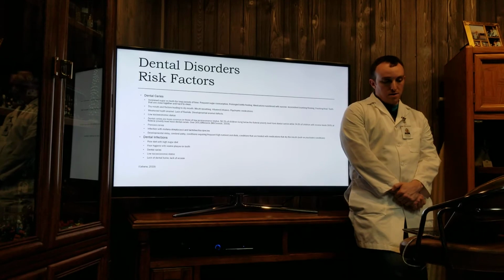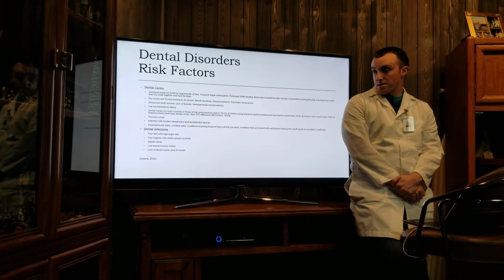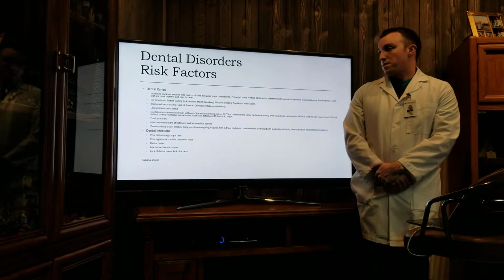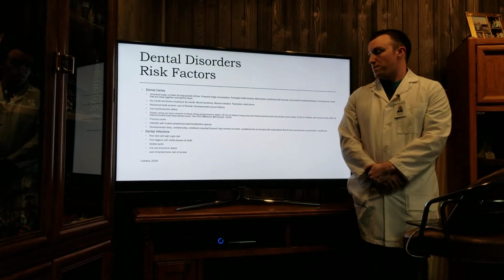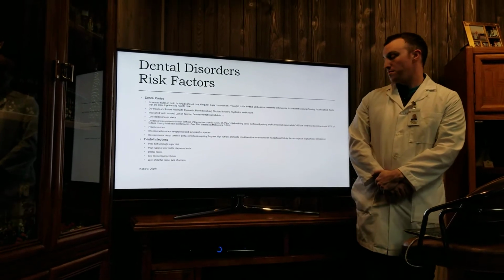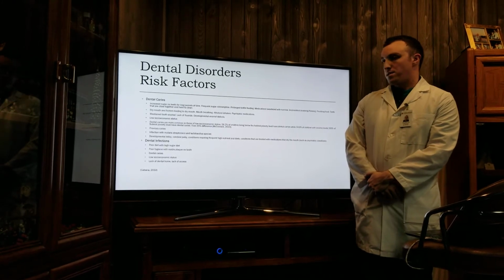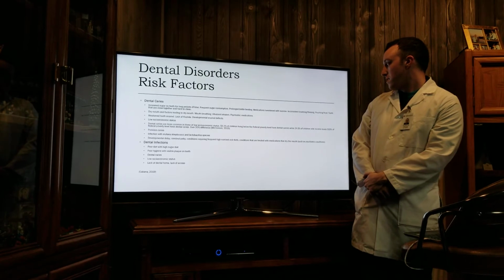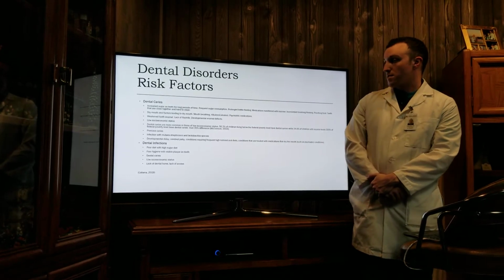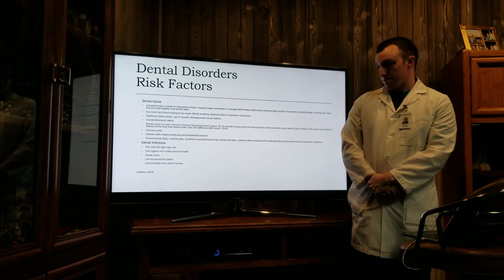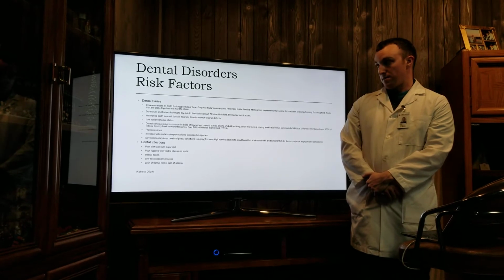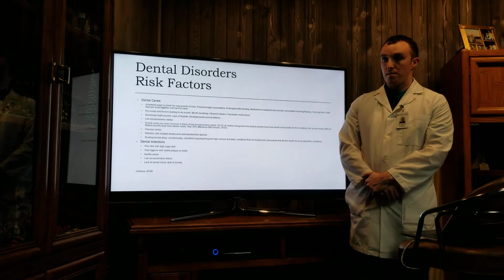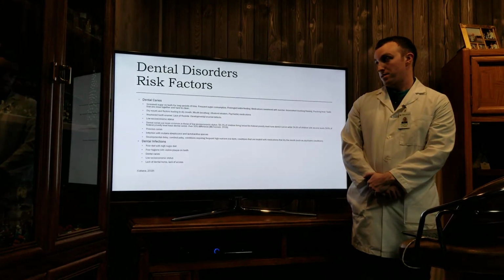So, dental disorders, some of the risk factors. We're looking at two different things. First, dental caries: increased sugar on teeth for long periods of time, frequent sugar consumption, prolonged bottle feeding, medications sweetened with sucrose, inconsistent brushing or flossing, pouching food, teeth that are close together and hard to clean, having a dry mouth, and factors that can cause a dry mouth: mouth breathing, albuterol inhalers, psychiatric medications can all dry out the mouth.